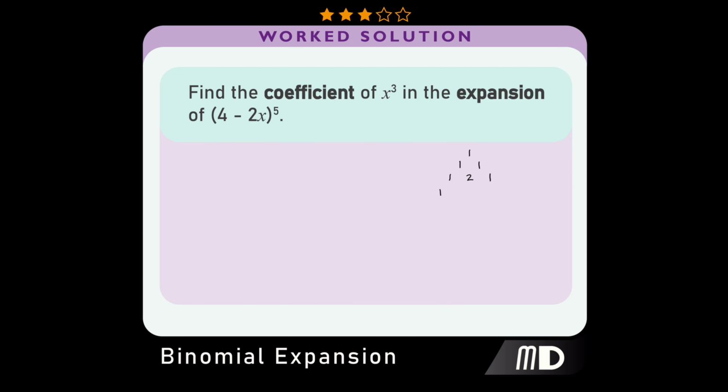The third row is 1, 3, 3, and 1. The fourth row is 1, 4, 6, 4, and 1. And the fifth row is 1, 5, 10, 10, 5, and 1.